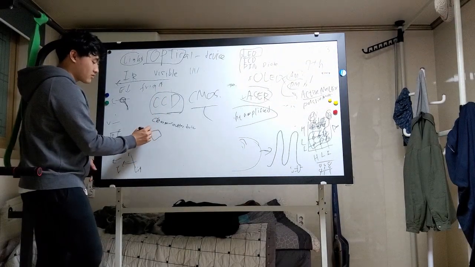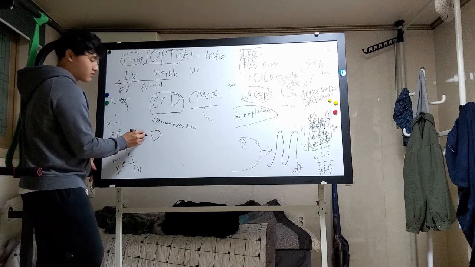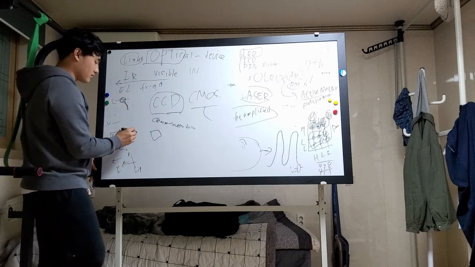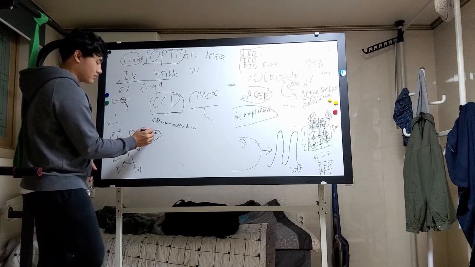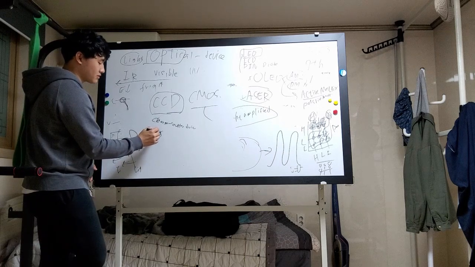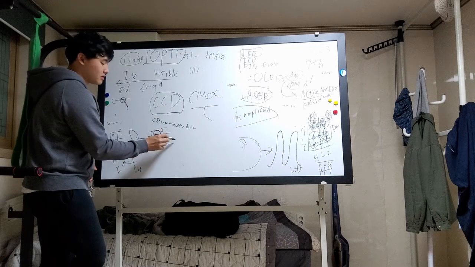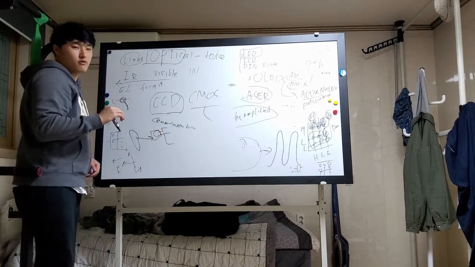Okay, so for CCD, there is a light sensor here, and we just want to take pictures. Then the outside light will come here, and as the sensor detects the light, it will move forward.